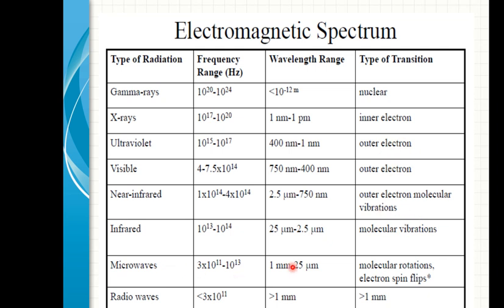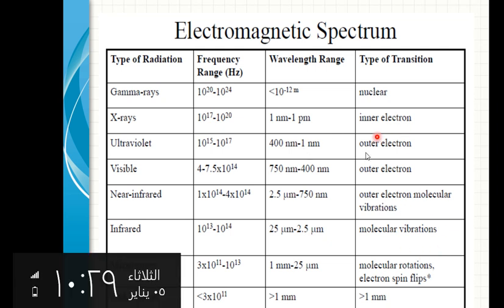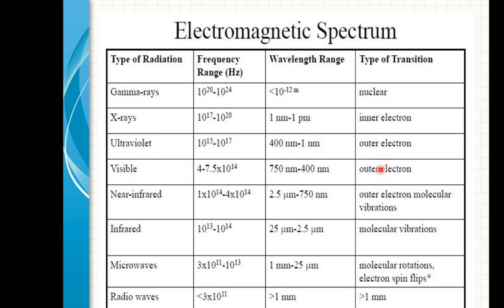And microwave produces molecular rotation, where the electron spin is being flipped. This is NMR. So different parts of electromagnetic radiation react differently with the nucleus. Here it reacts with electrons because of the highest energy, while this reacts with the molecule because of the lowest energy. So in this course we discuss UV spectroscopy, which is outer electron transition.